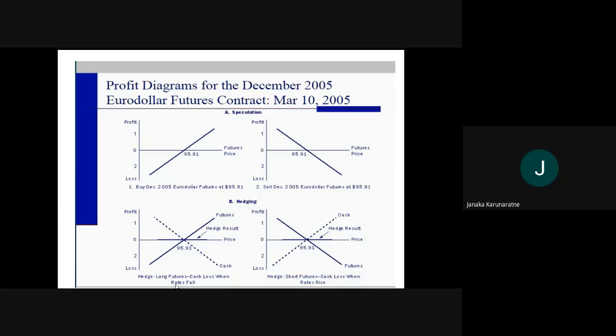What is the risk to you? If you want to borrow $10 million in 6 months' time, not today, you are the banker. What is the risk to you? Pretty simple question I am asking. Interest rate rise.